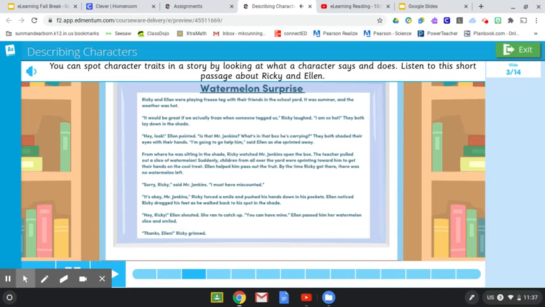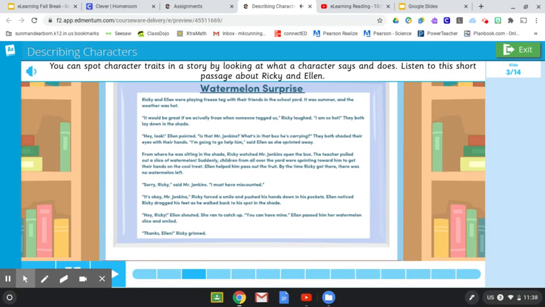"I'm going to go help him," said Ellen as she sprinted away. From where he was sitting in the shade, Ricky watched Mr. Jenkins open the box. The teacher pulled out a slice of watermelon. Suddenly, children from all over the yard were sprinting toward him to get their hands on the cool treat. Ellen helped him pass out the fruit. By the time Ricky got there, there was no watermelon left.